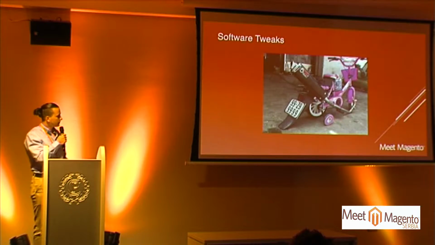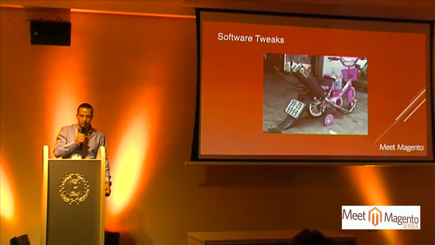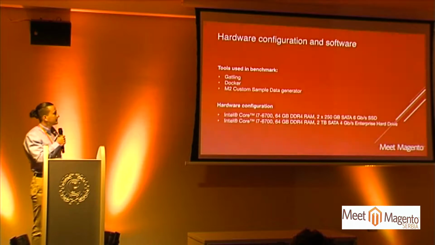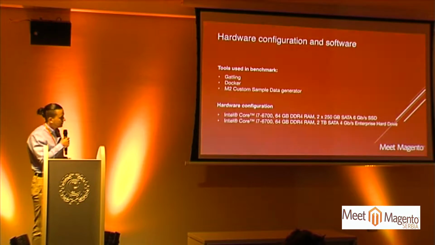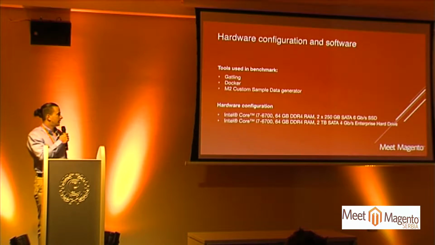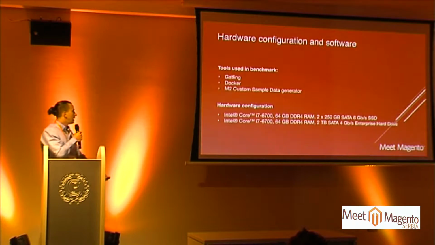To have some numbers, we decided to create a small benchmark, and for this purpose we use Gatling. It's a software stress testing tool that allows to emulate user behavior on the side, emulate different user actions, create concurrent calls to different URLs.